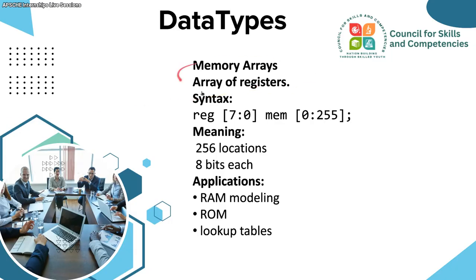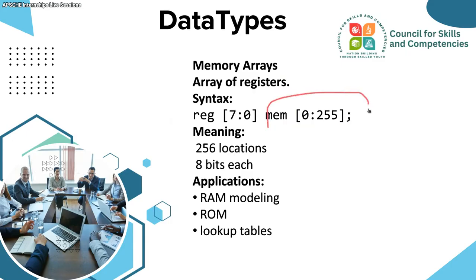Okay, next, memory arrays. We will see this also by tomorrow, but I am trying to introduce it now itself. Memory arrays are an array of registers. So try to understand array. Whatever we have put right now is a vector. And if you put this, it becomes an array.